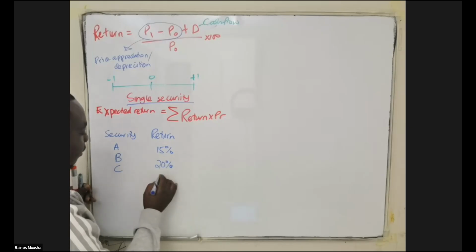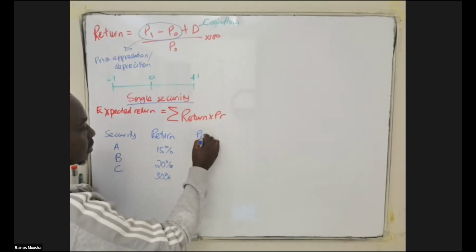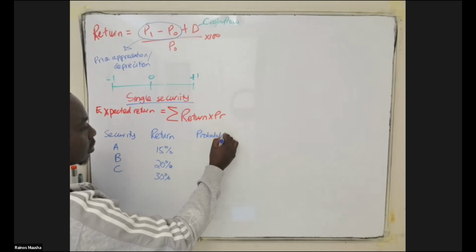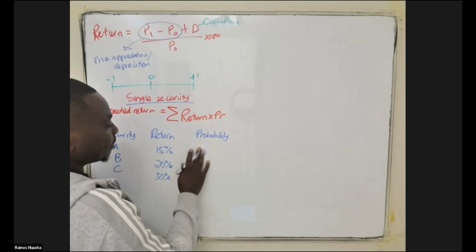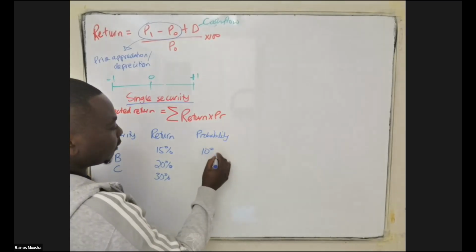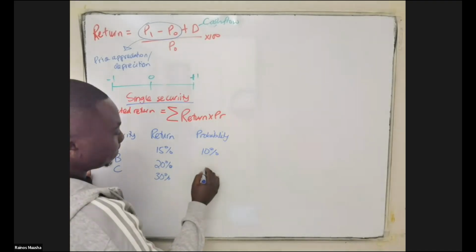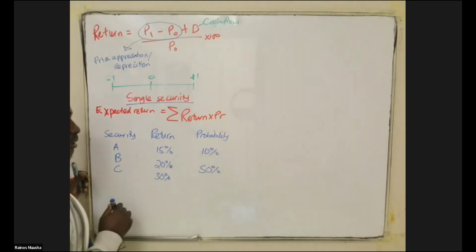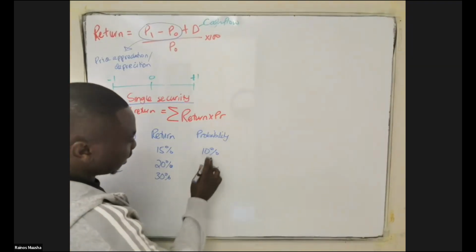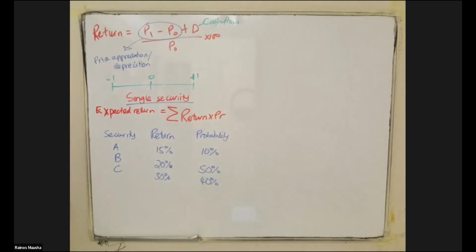And C, you're expecting to earn a return of 30%. And the probability of earning these returns: let's say there is a 10% probability of earning 15% return, a 50% probability of earning 20% return, and a 40% probability of earning 30% return.